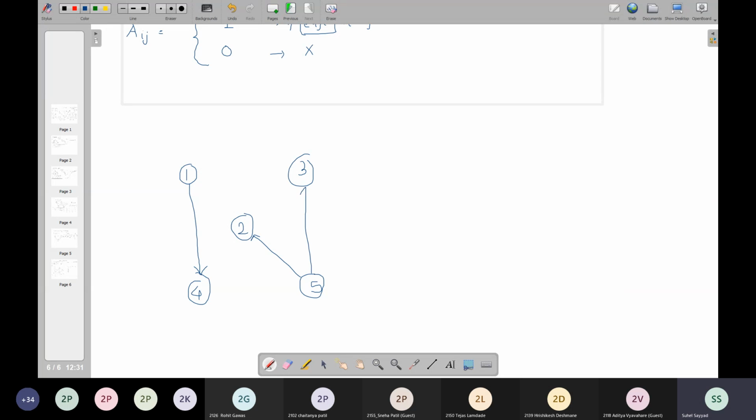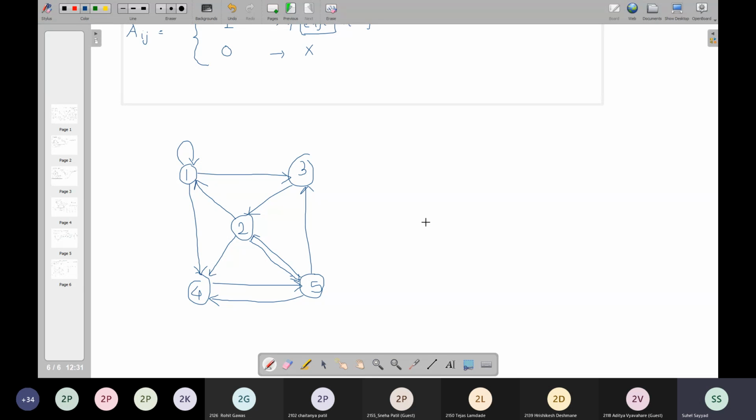So the edges in this graph have directions.